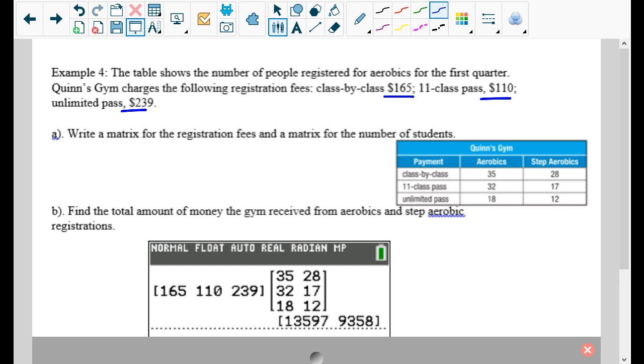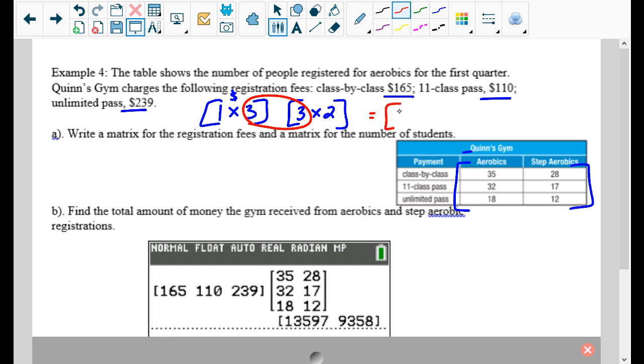So when we multiply, we're going to take a 1 by 3, that's my price, that's my money, 1 by 3 matrix, and my other I'm just turning into a matrix. So I have 3 by 2. Now when I multiply, I can multiply it because my numbers in the middle are the same. My resulting matrix is going to then be a 1 by 2 resulting matrix.